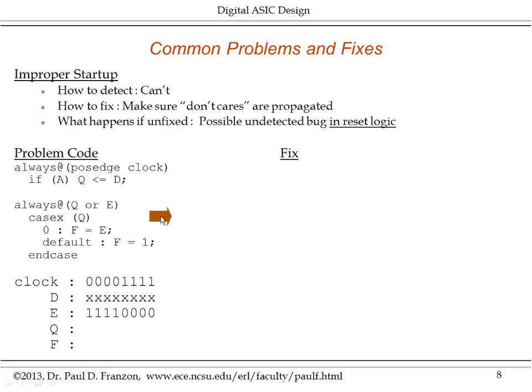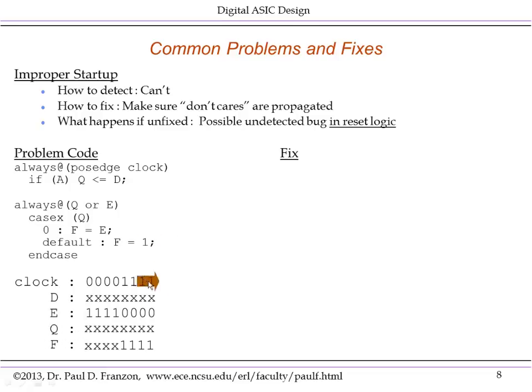We really only cared about 0, so we said if Q is 0, F equals E, otherwise F equals 1. What we were really thinking was if Q is equal to 1, F will be equal to 1. However, what you've accidentally done is also said if Q is equal to X, F is equal to 1.